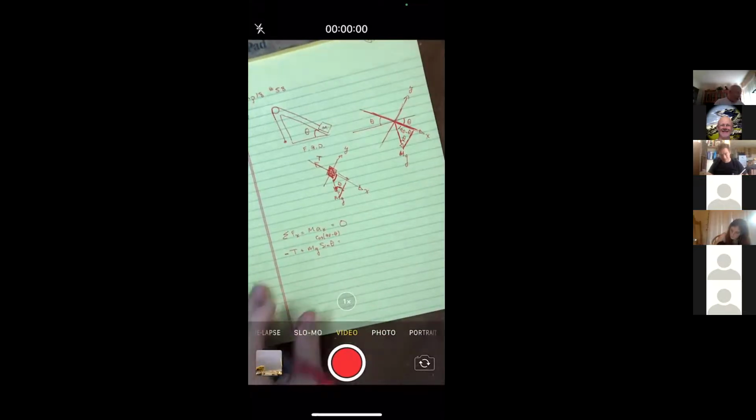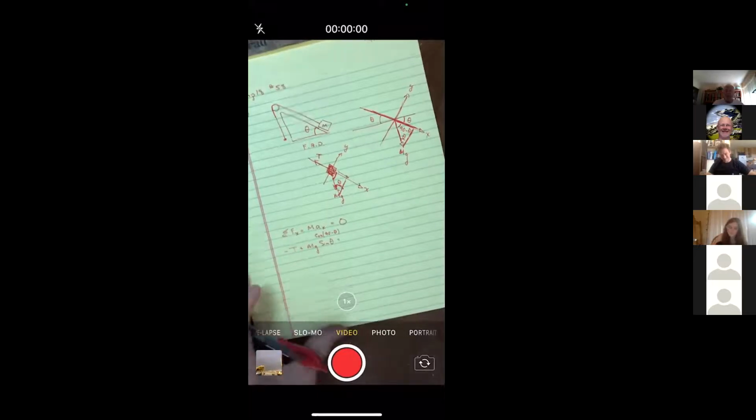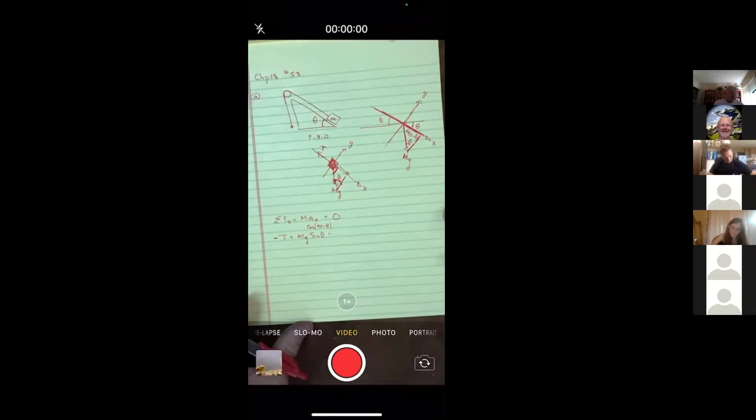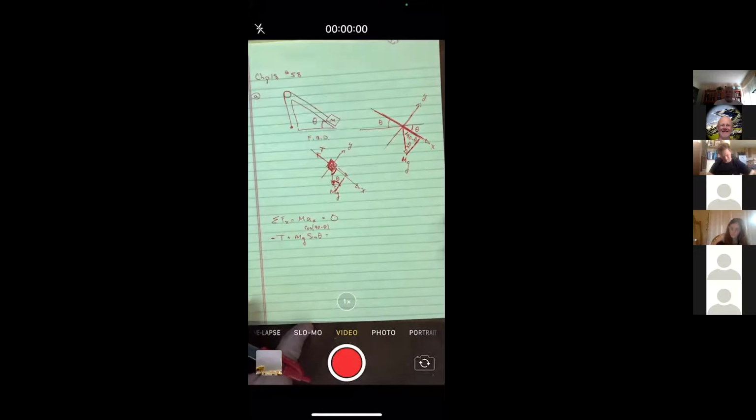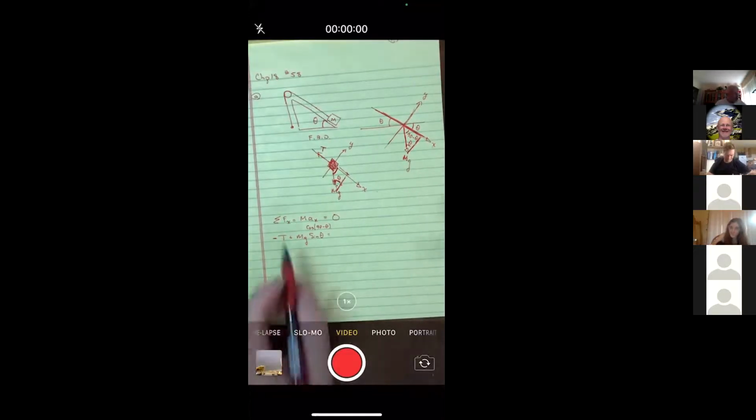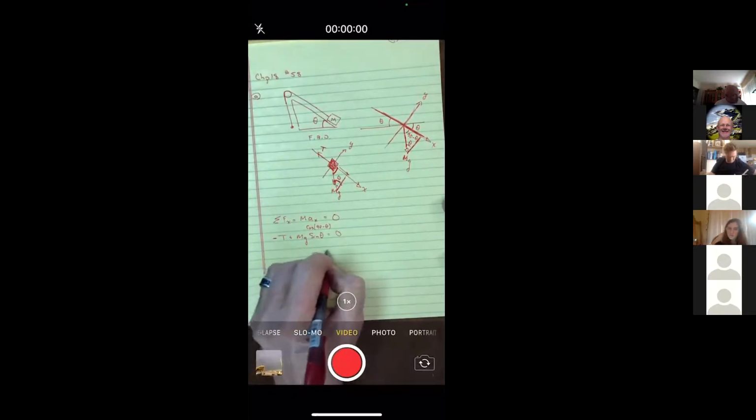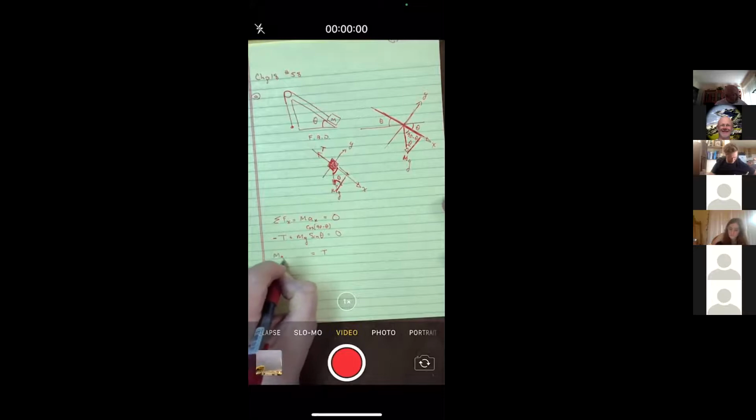And maybe I shouldn't spend too much time here because this is the review part of this review problem. This is the stuff that you learned in 121 about adding up all the forces. So that's the forces in the x direction, which means then I can just solve this for the tension. It would be mg sine of theta.